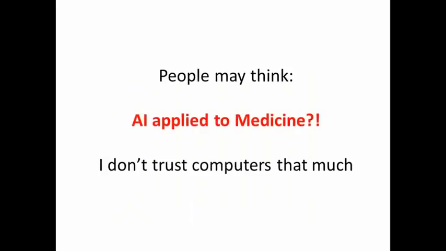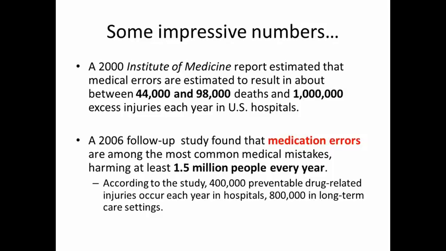But before that, people may think that applying artificial intelligence to medicine is not appropriate, and many people don't trust computers that much. So I can show you some numbers about the estimation of medical errors committed by physicians.